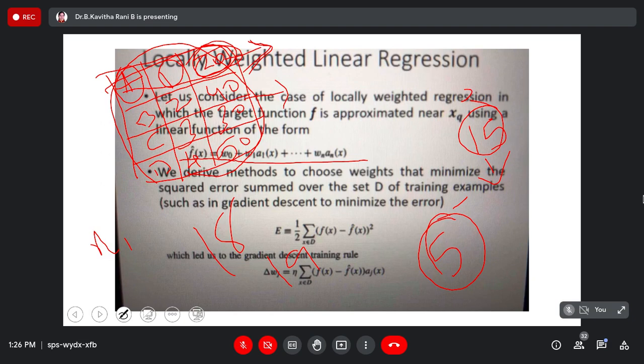Okay, and to find the error, the formula is half of sigma x belongs to D, f of x minus f cap of x, whole square.